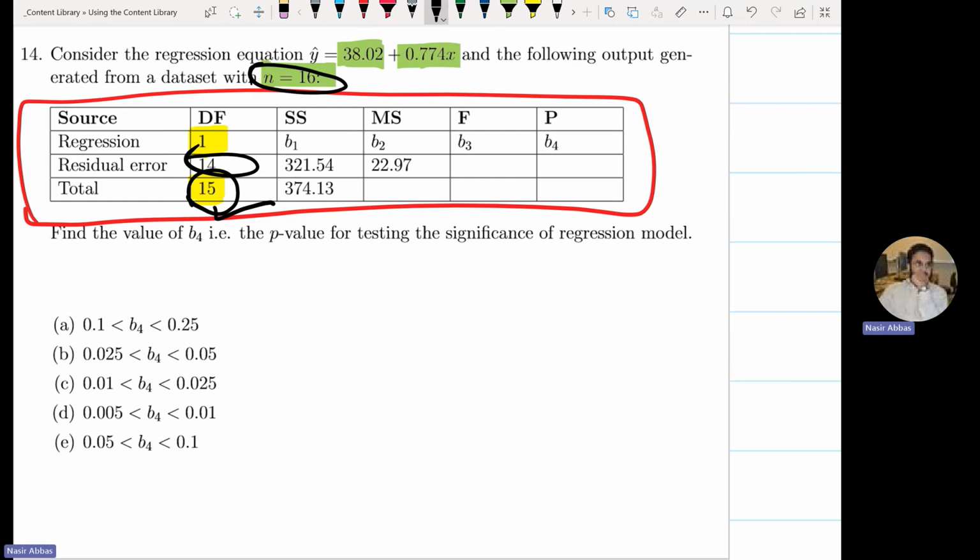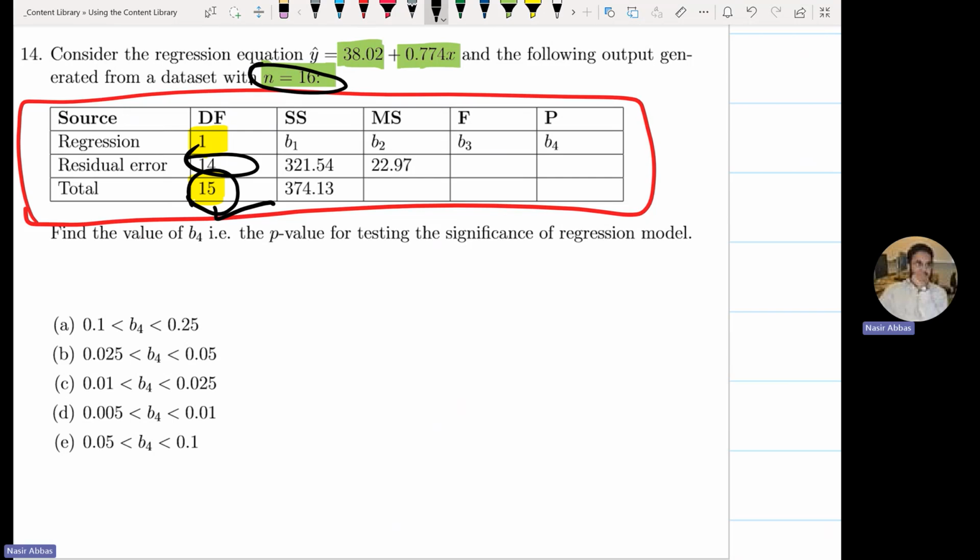So remember this point. Again, this is an ANOVA analysis of variance table where we're supposed to find all of them. Can you find SSR, which is not given? Let's find one by one. How do we find SSR? SST is given, SSE is given.